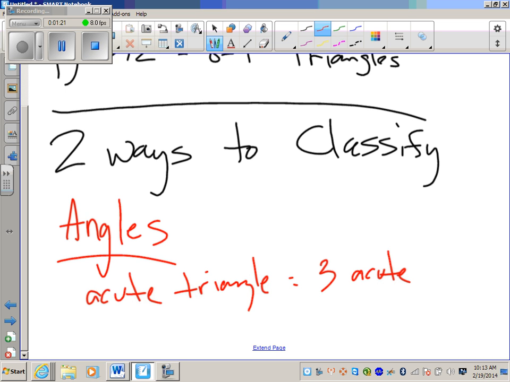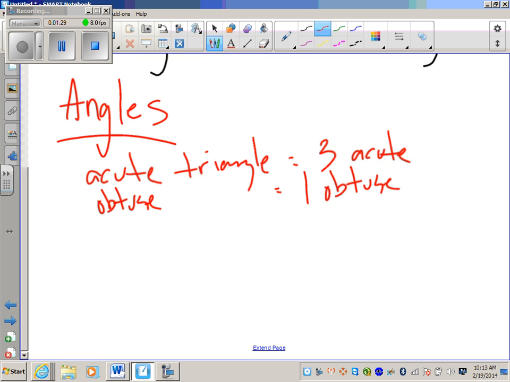An obtuse triangle has one obtuse angle. Now, how come it's not three obtuse angles? How come it's not two obtuse angles? There's an obtuse angle, right? Greater than 90. But in order for me to keep it a triangle, I can make only one more line.